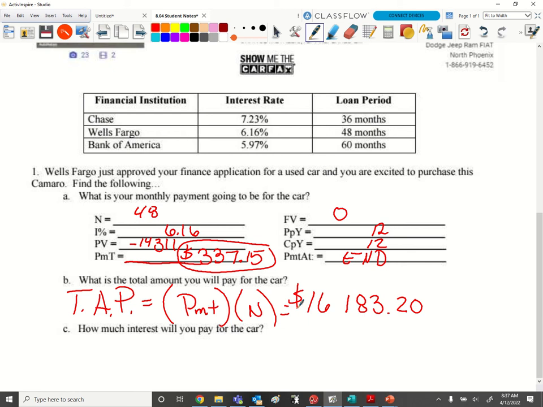But wait. How much did I buy the car for? 14,000. So where's all that extra money coming from? The interest.